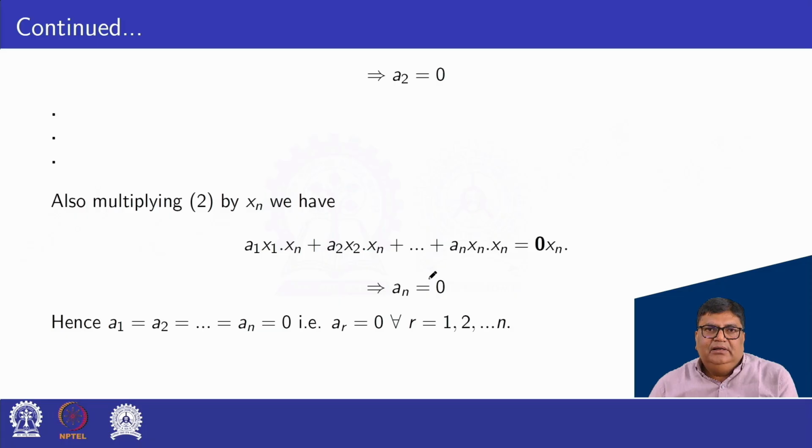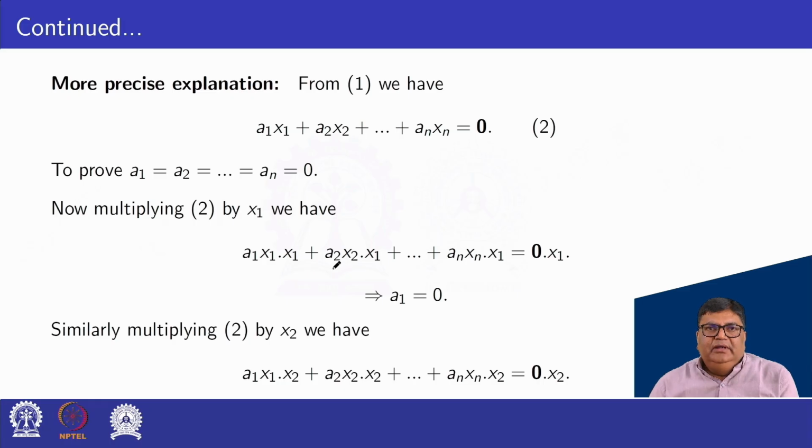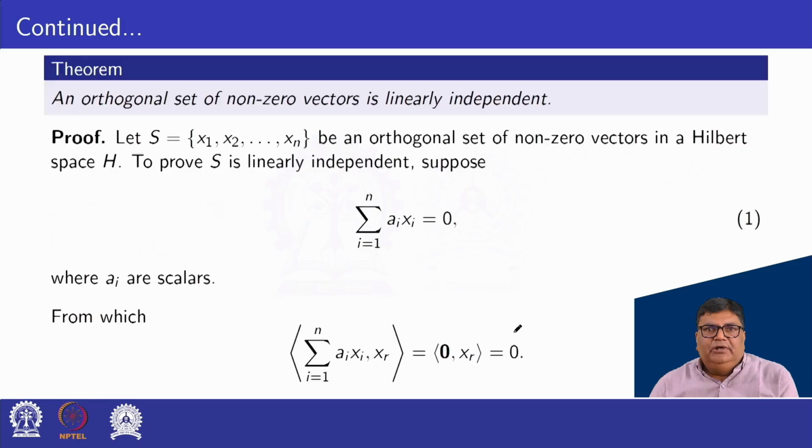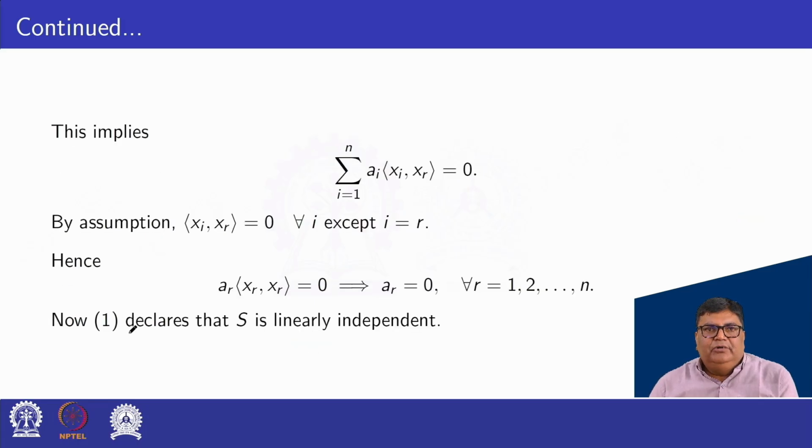Since xn is a non-zero vector, an is equal to 0. So we see that each of a1, a2 and so on an is 0. Okay, that is ar is equal to 0 for all r equal to 1, 2 and so on. So equation 1 is linearly independent. So equation 1 declares that S is linearly independent.